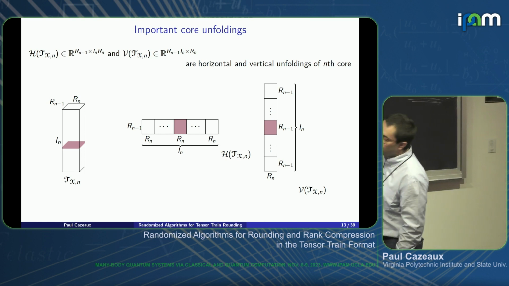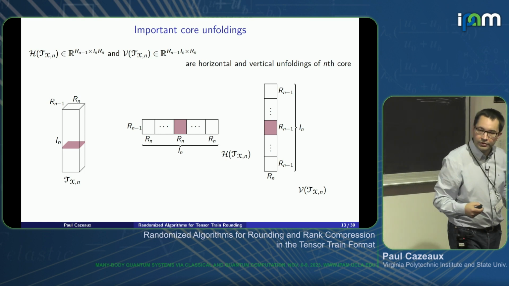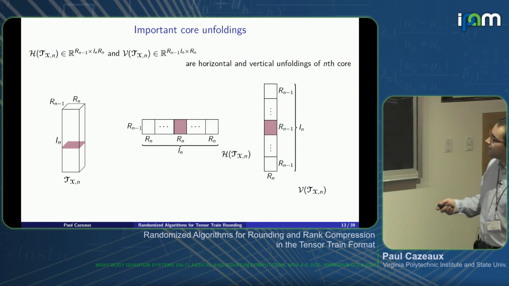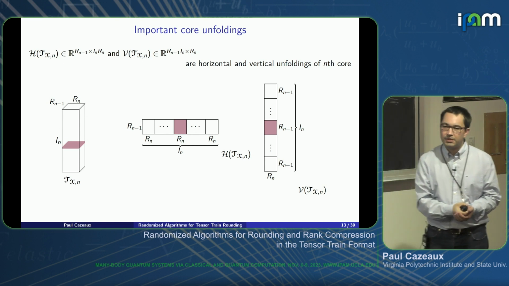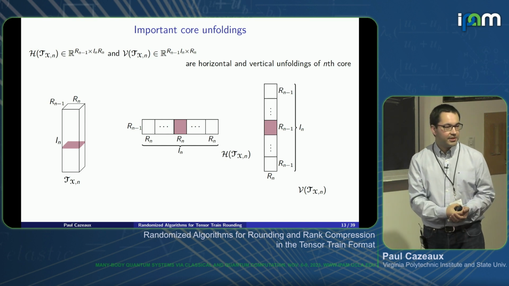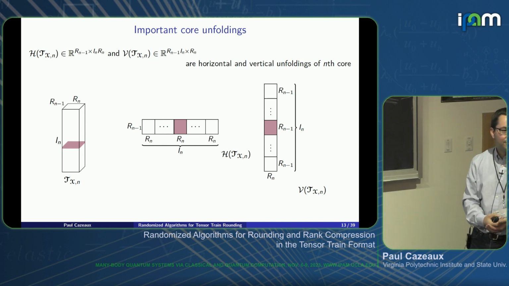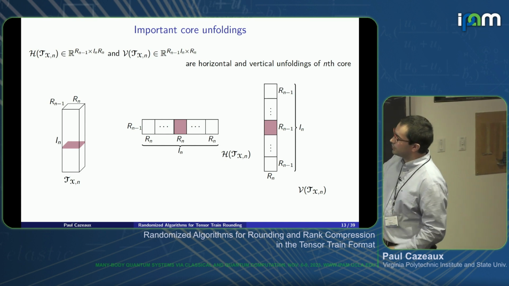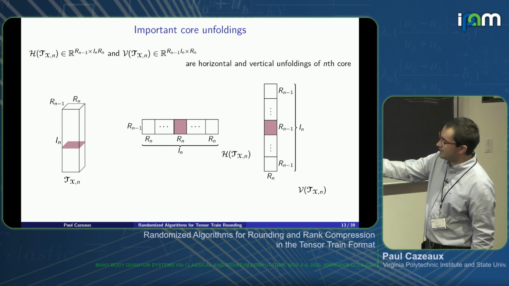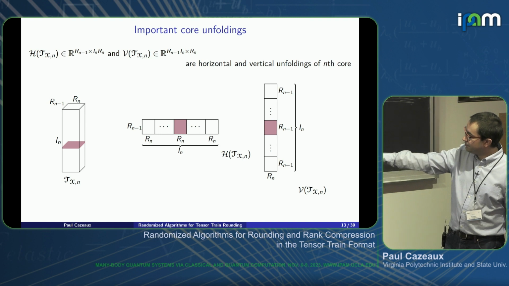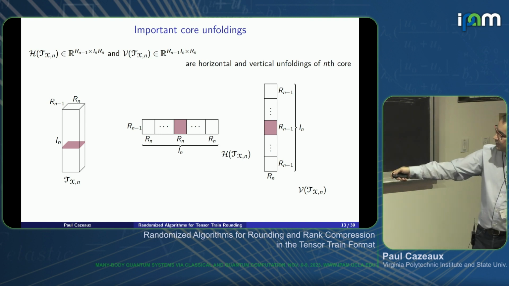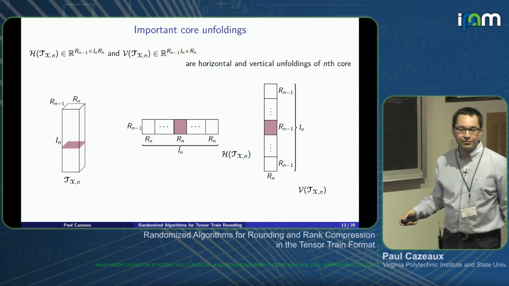There's a couple of core unfoldings that allow us to look at this in a kind of matrix notation. So when I look at this three-dimensional object, if you're doing linear algebra, you would much prefer to see a matrix. So you have a couple of ways to turn this three-dimensional object into a matrix. You can take the slices at fixed values of the mode. You can arrange them horizontally. That's what I will call the horizontal unfolding.